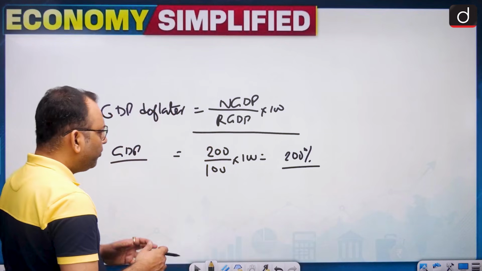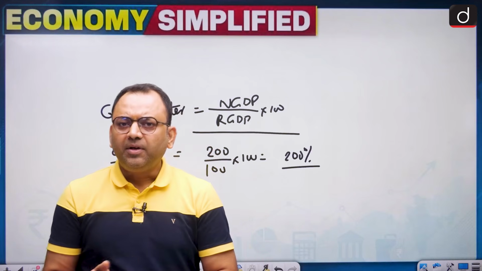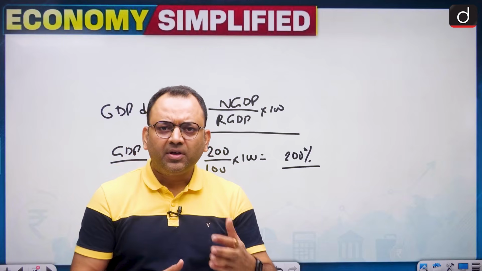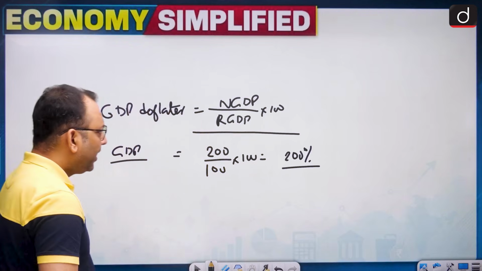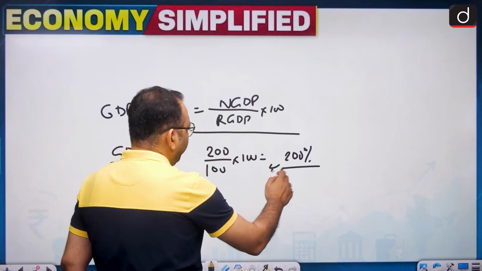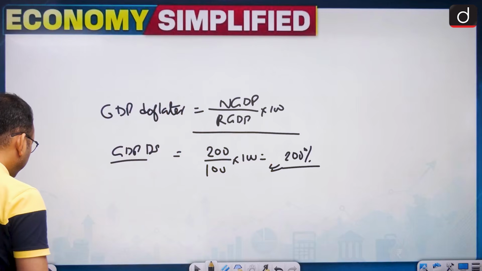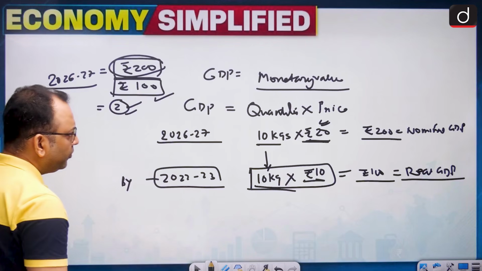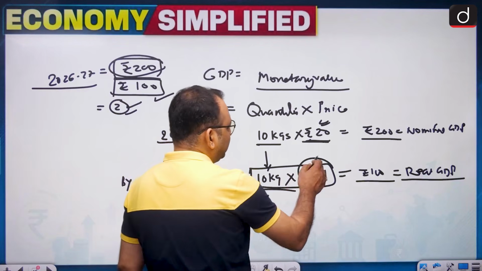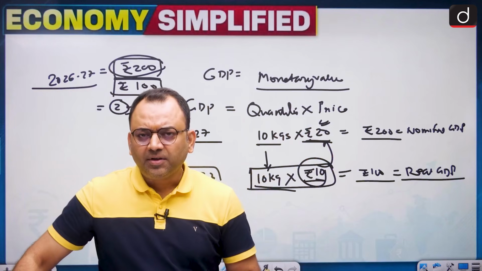So suppose we want to measure the real GDP, we can use the GDP deflator, or suppose we want to measure the inflation, we can say that this GDP deflator tells me the level of inflation. Inflation is say twice or 200%, which is true, as the prices have increased by 2 times or say 200%.